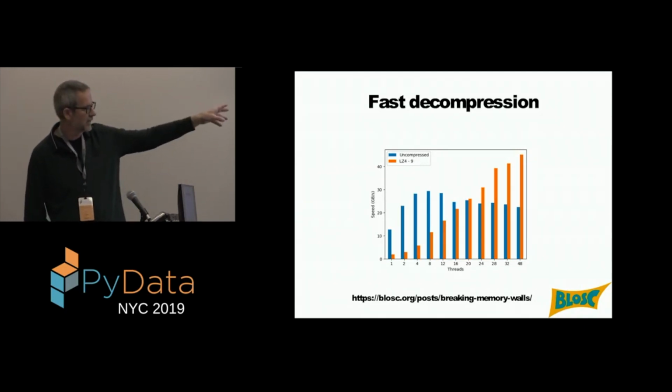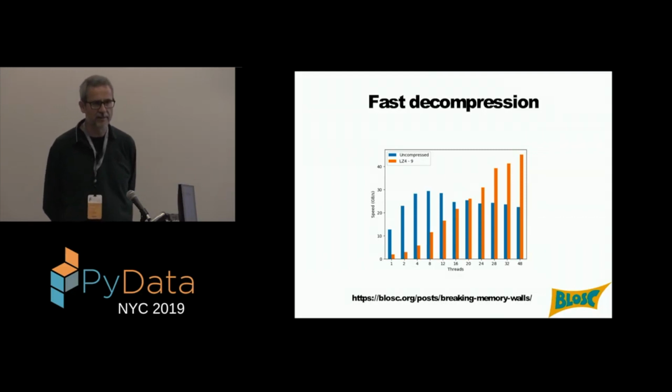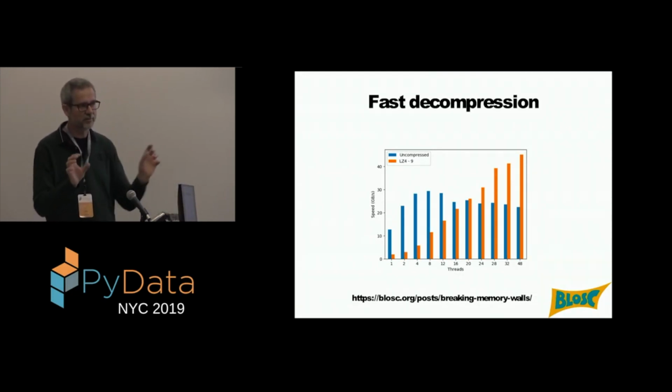This is real data. If we do the accumulation without compression, which is the blue bar, we see a maximum with 8 threads. This is because 8 threads maximize the throughput to memory, for architectural reasons.